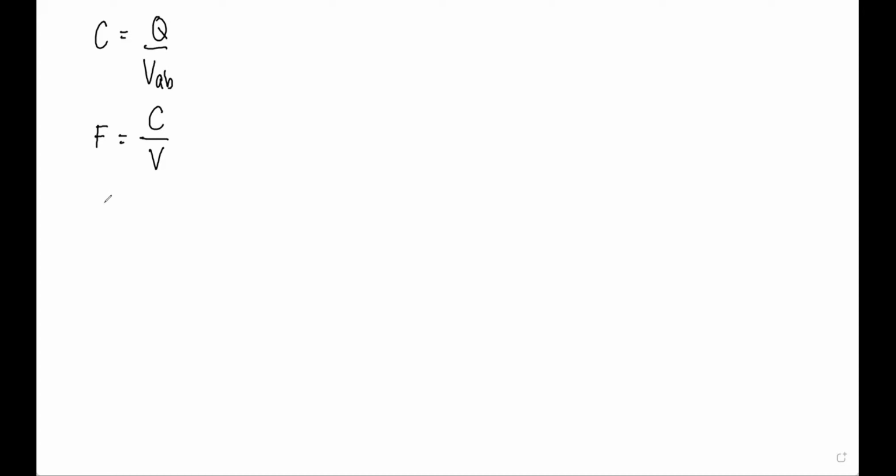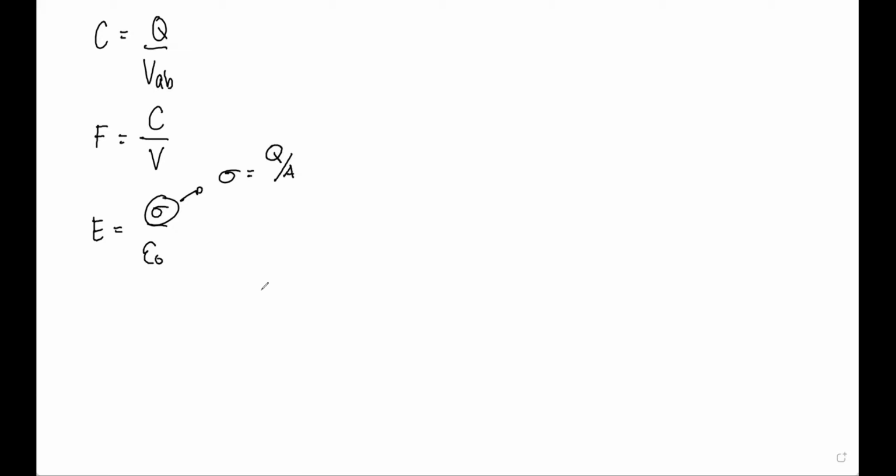From Q over V, we knew before that my E, if I've got a surface charge density, will be sigma divided by epsilon naught. I do hope you remember that. Sigma can also be Q divided by area.